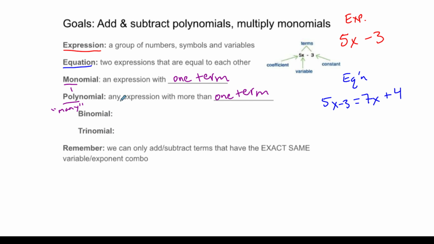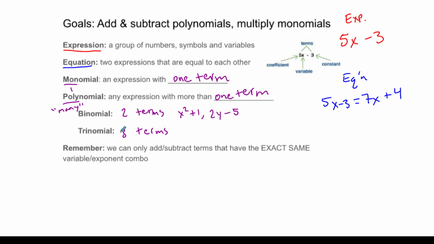Okay, so using some context clues here, we can determine that a binomial must have two terms. So something like x squared plus 1, or 2y minus 5, etc. A trinomial, then, has 3 terms.